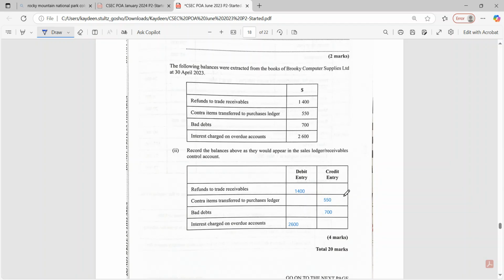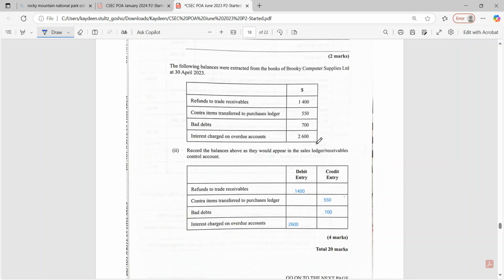Bad debt. Bad debt is an expense. And bad debts we usually credit to the sales ledger, the sales control account.